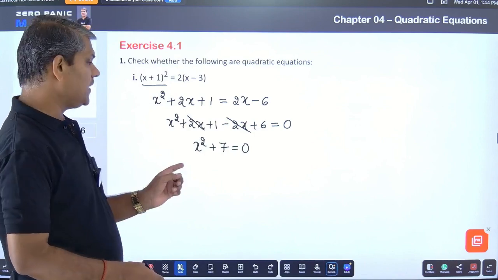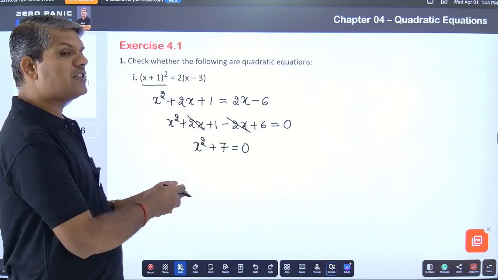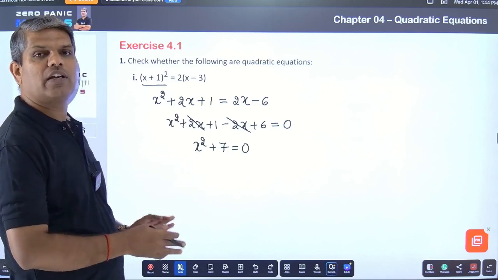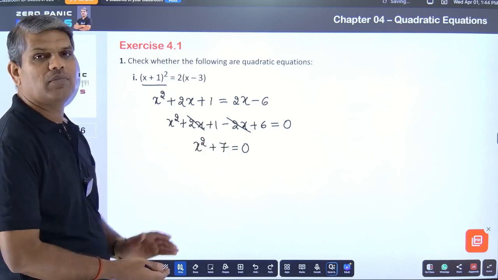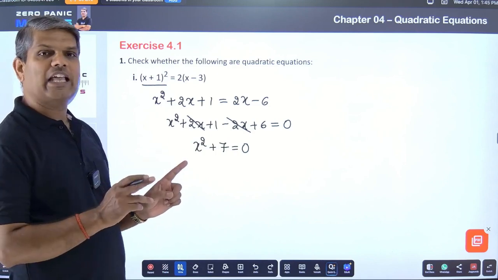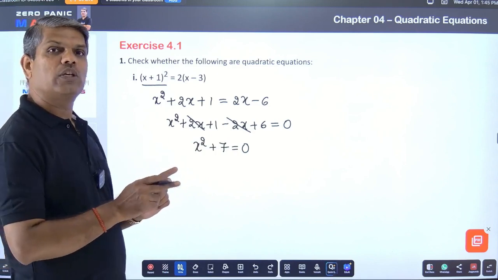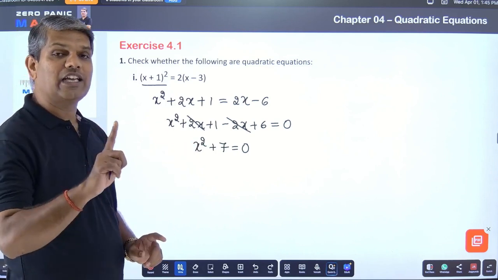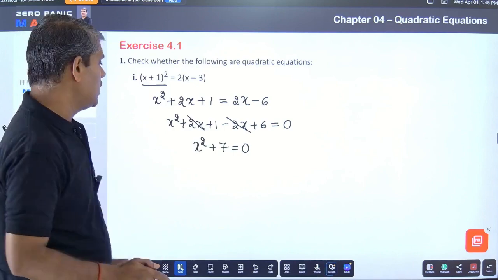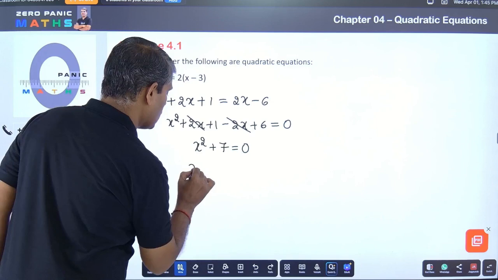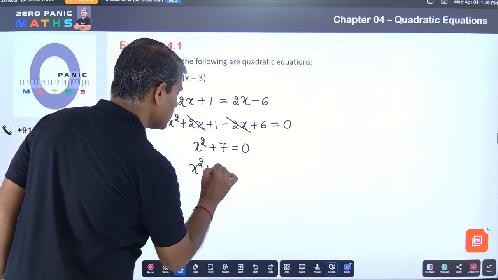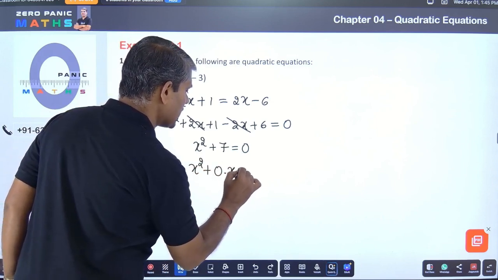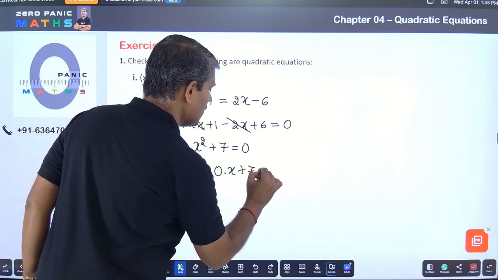At first glance, you might say that it is not a quadratic equation because there is no x term. But we should not be saying that, because a quadratic equation should contain the highest power of x as 2. It does not depend on the x term. So this is exactly equal to x square plus 0 into x plus 7 is equal to 0.